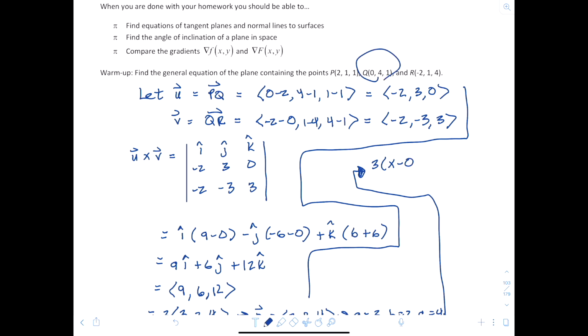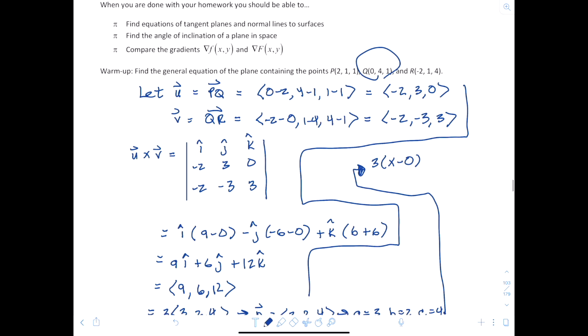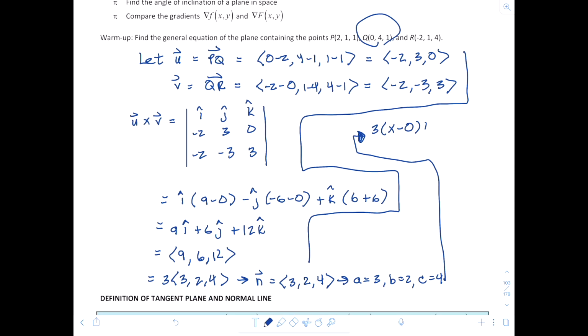So 3 times x minus 0, plus 2 times y minus 4, and then plus 4 times z minus 1 would equal 0.